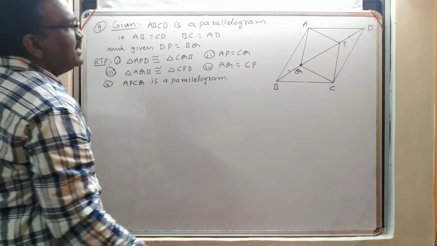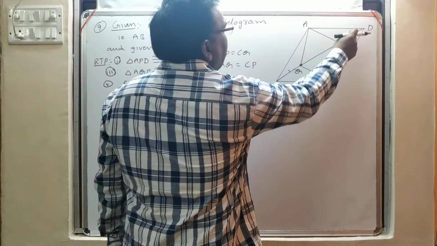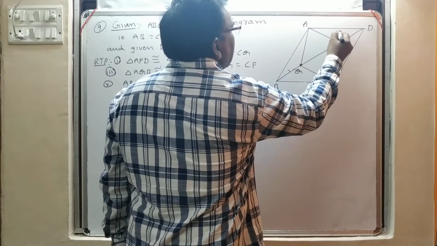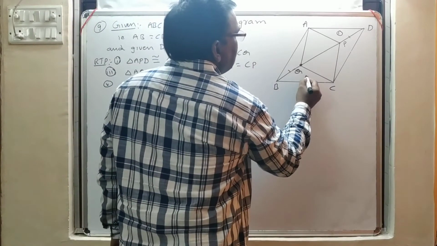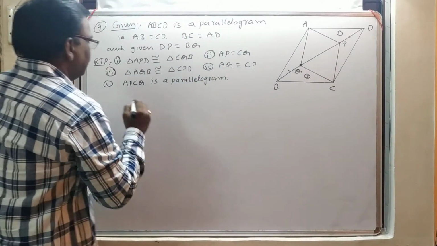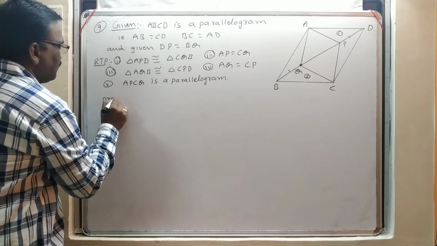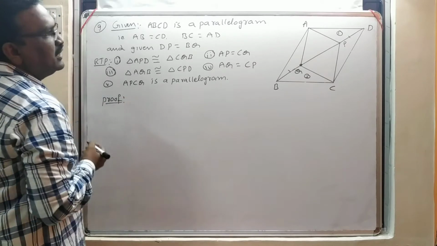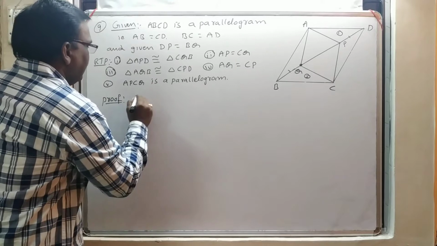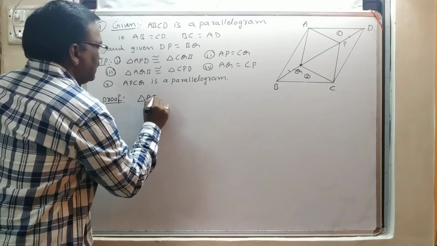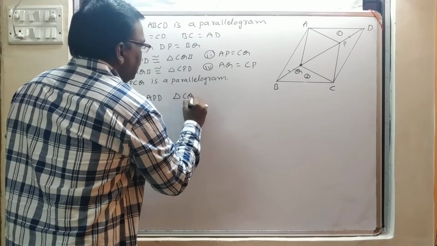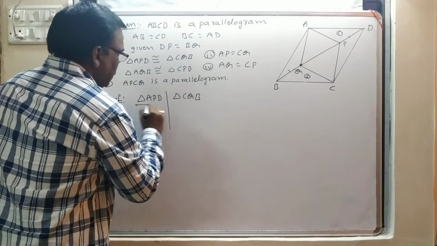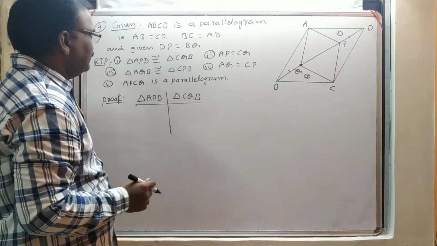See, observe the triangles APD and CQB. Observe these two triangles. In this, what are equal?